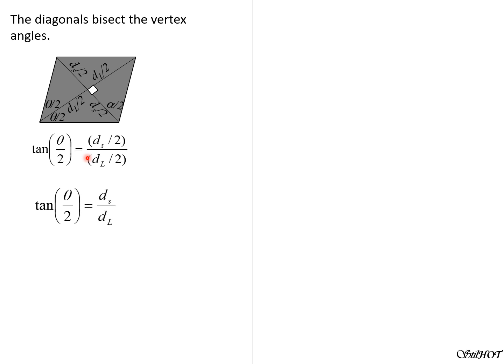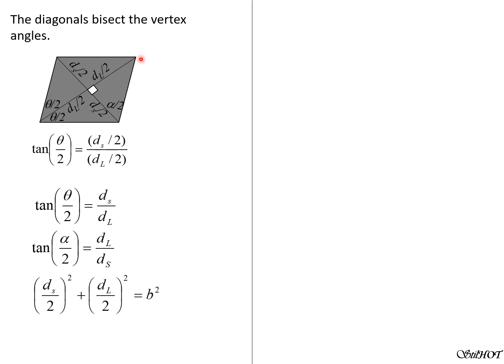While tangent alpha over 2 is long diagonal over short diagonal, or simply 90 degrees minus theta over 2. And we can apply Pythagoras theorem because the diagonals of the rhombus bisect each other.